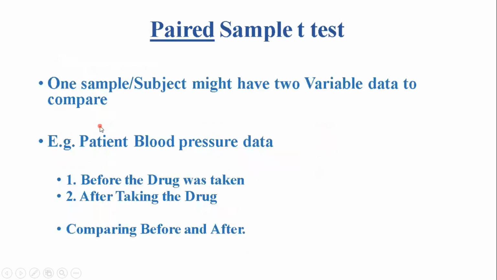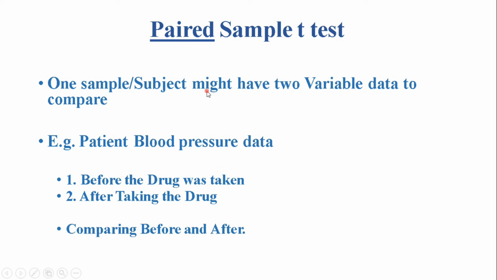The next t-test is the paired sample t-test. Paired sample t-test means each subject has paired data, right? For example, a patient's blood pressure data. Maybe a patient or subject is undergoing treatment for blood pressure regulation.